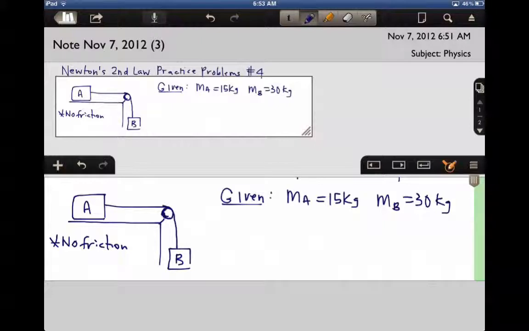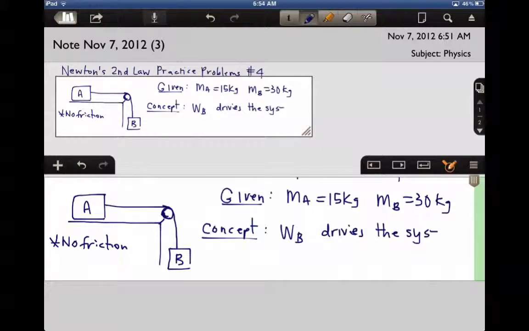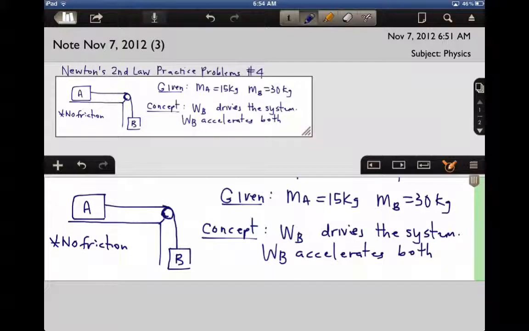So the concept here is that the weight of B drives the system. The weight of B accelerates both mass A and mass B.